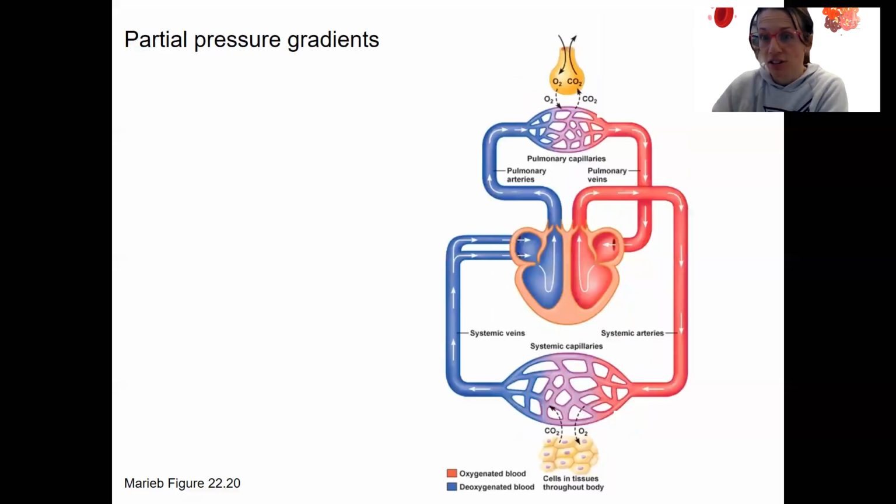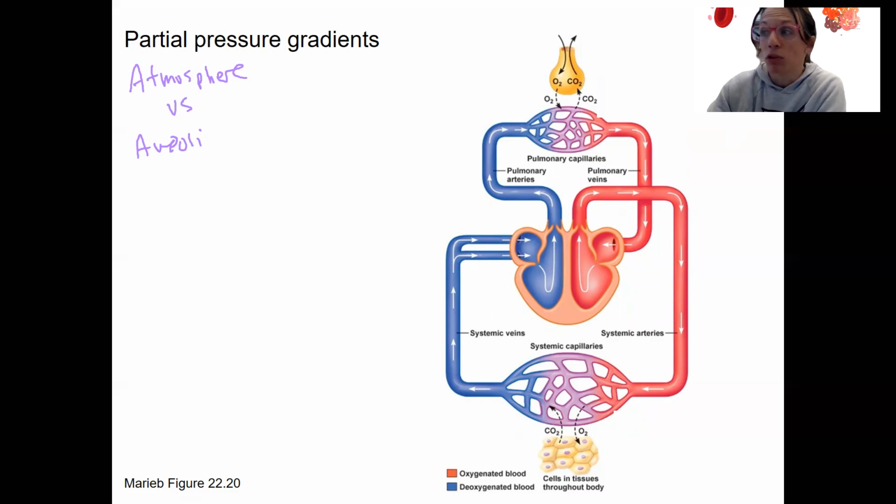Let's look at the first step of this process. I want to look at partial pressure gradients, and right here, this is going to be atmosphere versus alveoli.